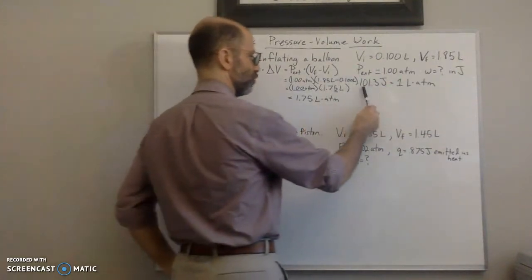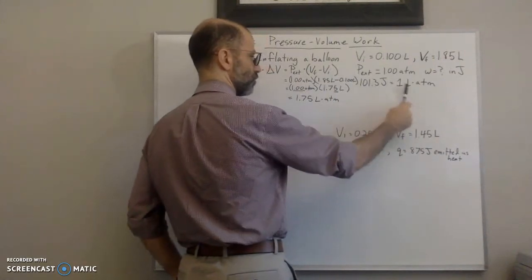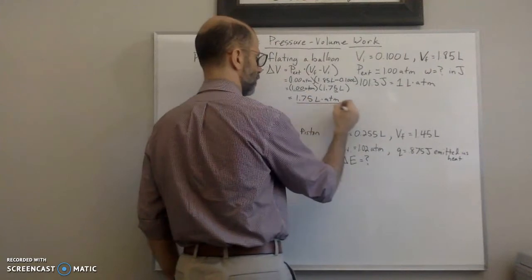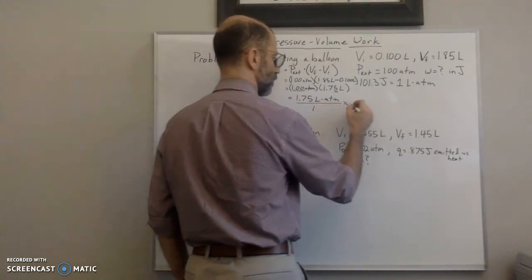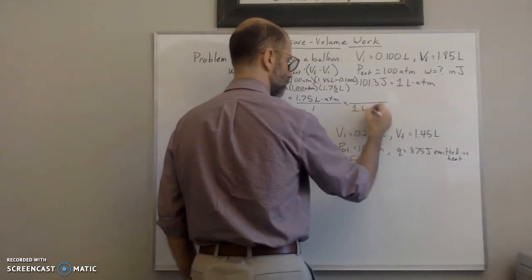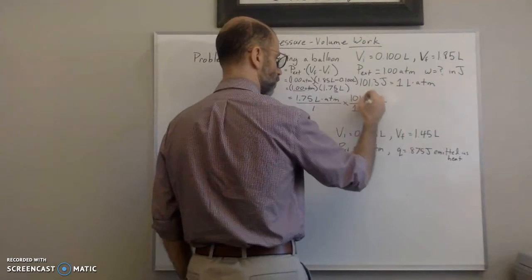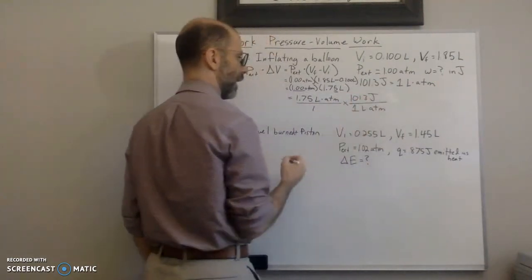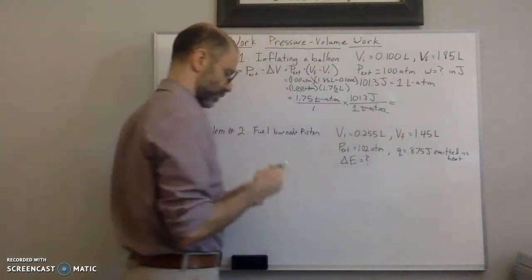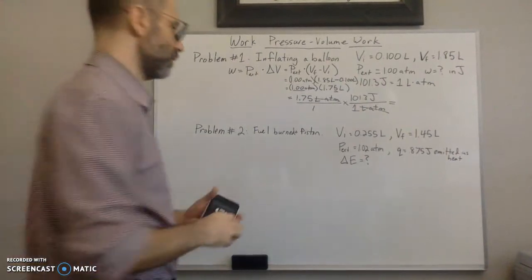So now I can use the conversion factor, 101.3 joules is equal to 1 liter atmosphere. I can have 1 liter atmosphere on the bottom and 101.3 joules on top, so liter atmospheres cancels out.